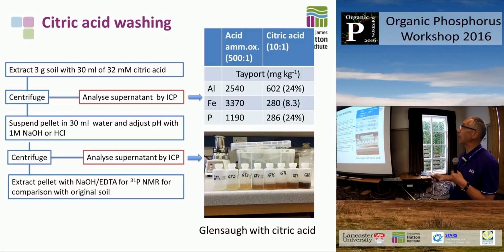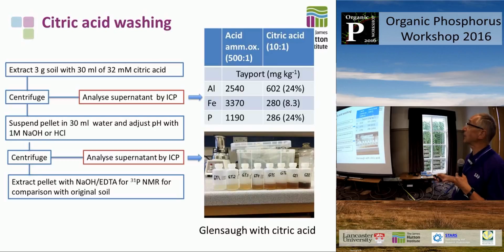So this was to try and match up the capacity with what's taken out by acid ammonium oxalate. The idea was, we'd take 3 grams of the soil, wash it with citric acid, hopefully so the stabilizing cations were removed.